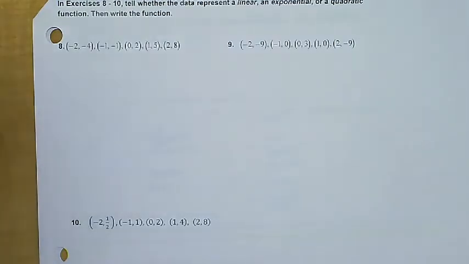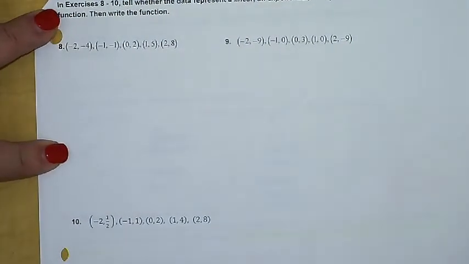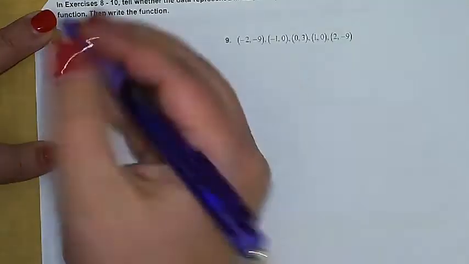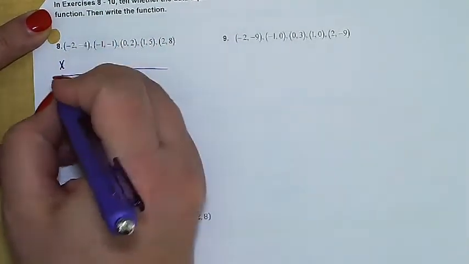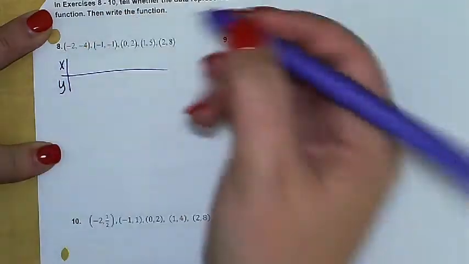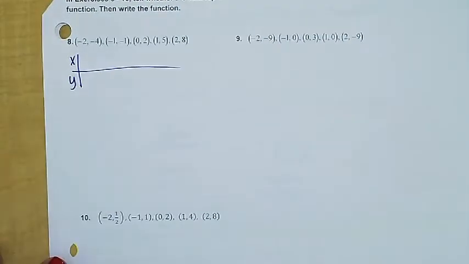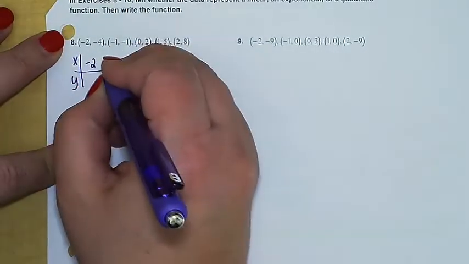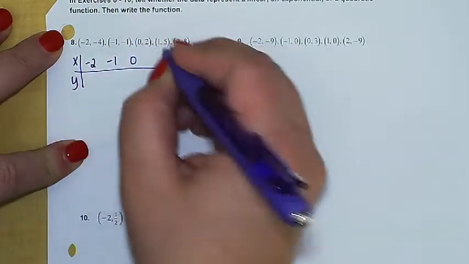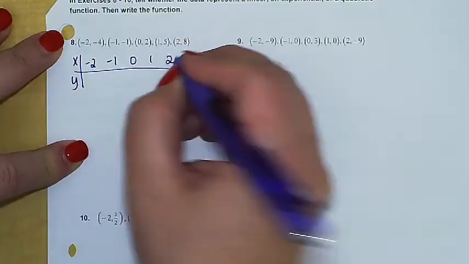So I'm going to do a table format for us here. It doesn't take very much to just rewrite this as a table. That might make it easier. If you don't think it makes a big difference, then you don't have to do that. But I've got my x values here are -2, -1, 0, 1, and 2.